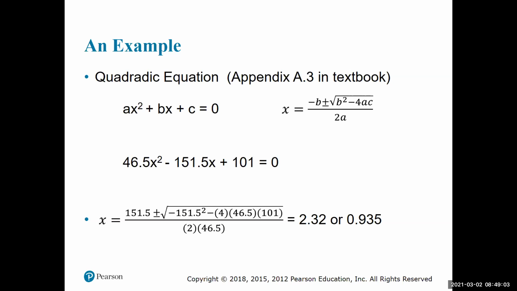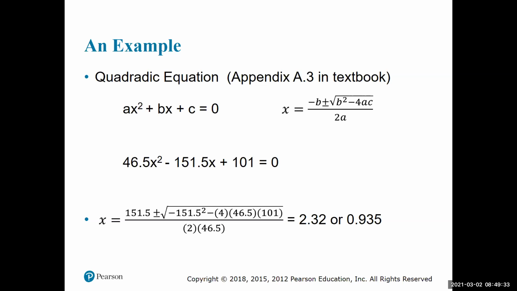And with that set up, where a, b, and c can be plugged into this formula here on the right, x equals minus b plus or minus the square root of b squared minus 4ac, divided by 2a. So the a, b, and c in that formula I just said are these coefficients, these values in the ax squared plus bx plus c equals 0.